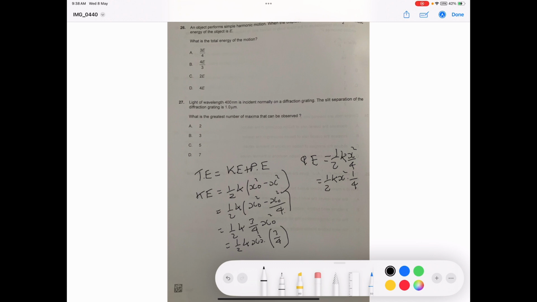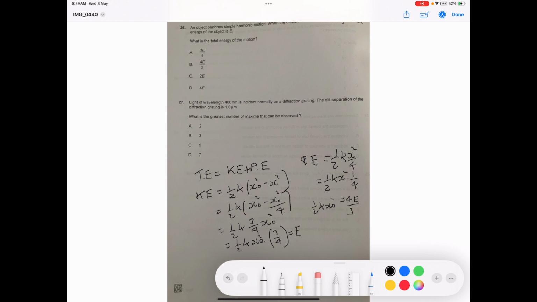So we know that the kinetic energy is equal to E here. So we can say that half k x naught squared is equal to 4E all over 3.